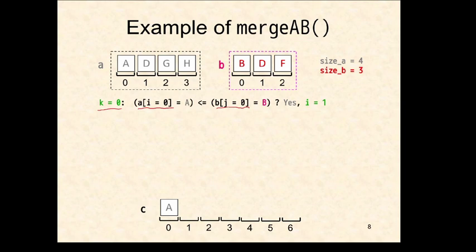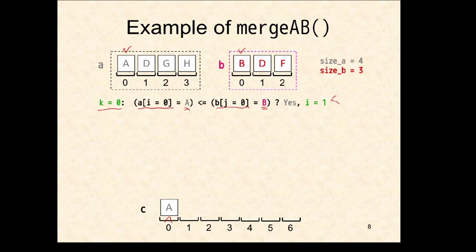So i happens to be equal to 0, so when I say A sub i I really mean the capital A. And when I look at B sub j and j happens to be equal to 0, then I'm talking about the letter capital B. Is A less than or equal to B? Yes, it is. Therefore, the A is the one that ends up in the output, and i gets incremented.